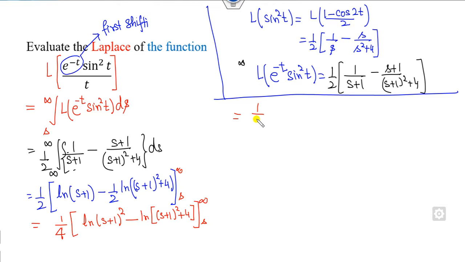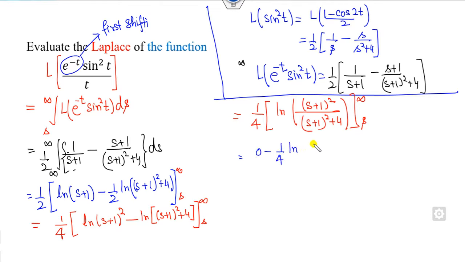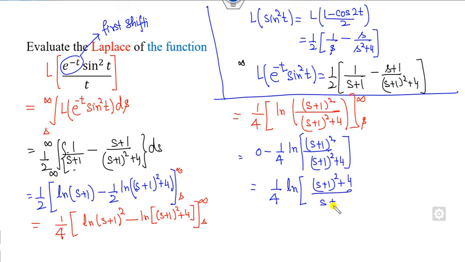So that comes to be 1 over 4 ln of s plus 1 square divided by s plus 1 square plus 4 from s to infinity. When you substitute infinity, it's 0, and when you substitute s, it will be this number. So that is the right answer of this problem. You can adjust the negative sign. So that comes to be ln of s plus 1 square plus 4 divided by s plus 1 square is my right answer.